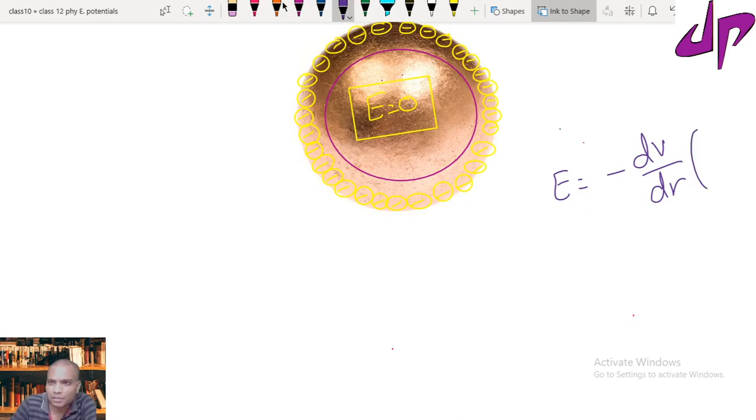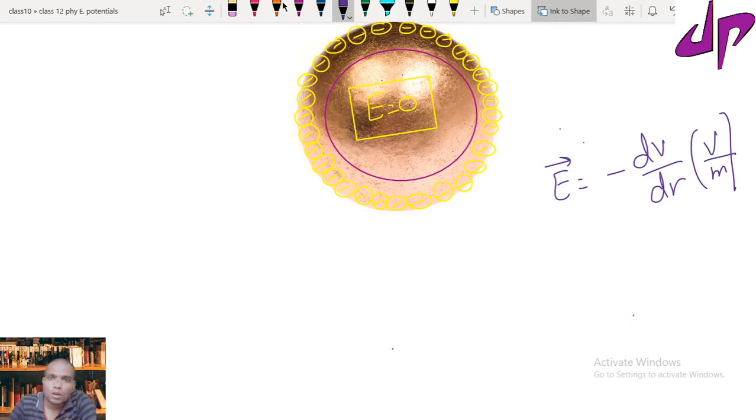So here it has the special unit called volt per meter. Volt per meter is also the electric field unit. Now the negative sign shows the direction of the electric field, which is where the potential decreases. So that is the relation between electric field and potential.